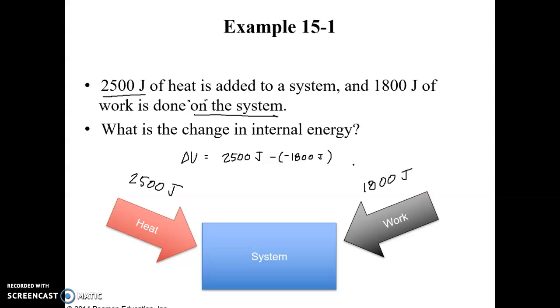Because, like I said, the wording here of this problem says that the work is done on the system. So we're putting work into it rather than using the system to do work on something else. And so that gives us 4,300 joules is the total change of energy in this system.